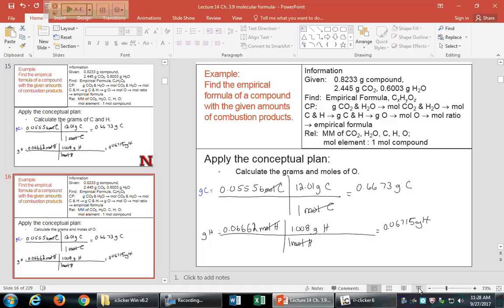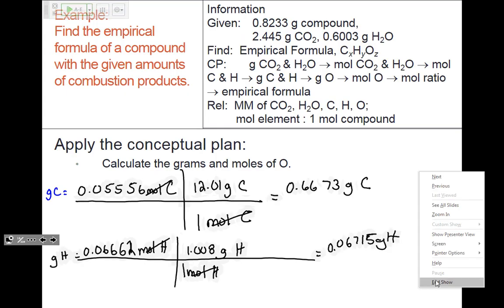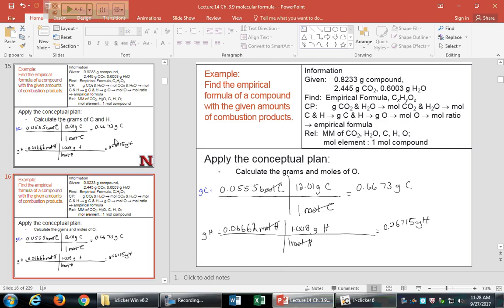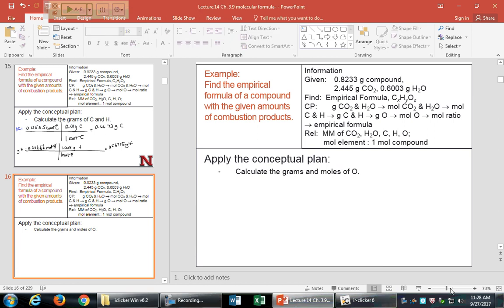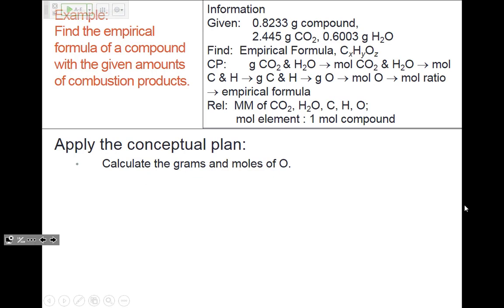Do you add the 2 weights of grams of the carbon and hydrogen, then just subtract that from the total grams of the compound? Yes. So we know our total mass of the compound is this.